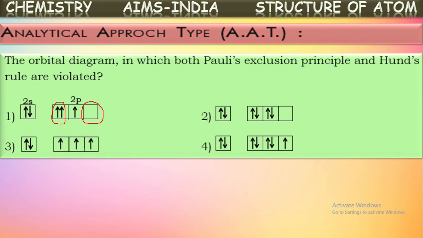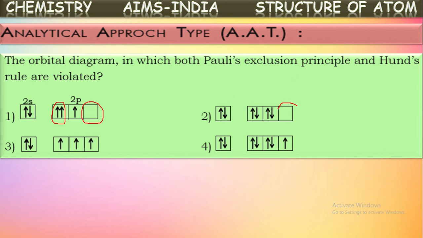Second one. After filling 2s, electrons entered into 2p. That is correct. Pauli's principle is followed here, because each orbital has a maximum of two electrons, and both electrons have opposite spins in all three orbitals.